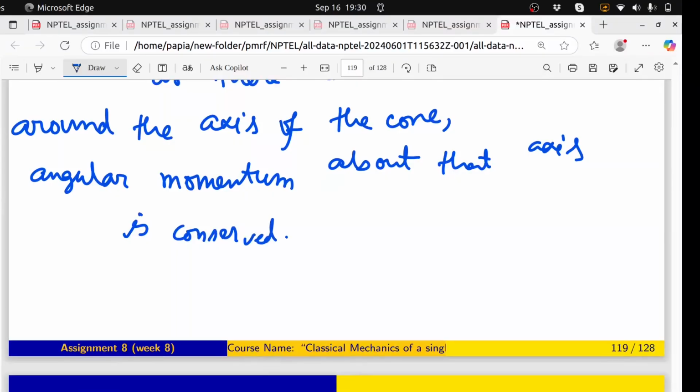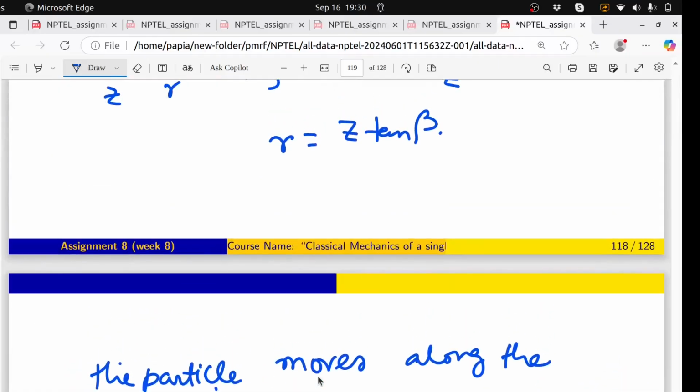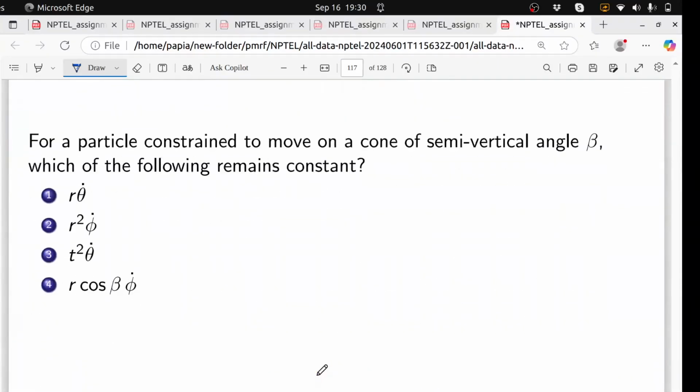Okay, so for this case we can say the angular momentum is conserved.